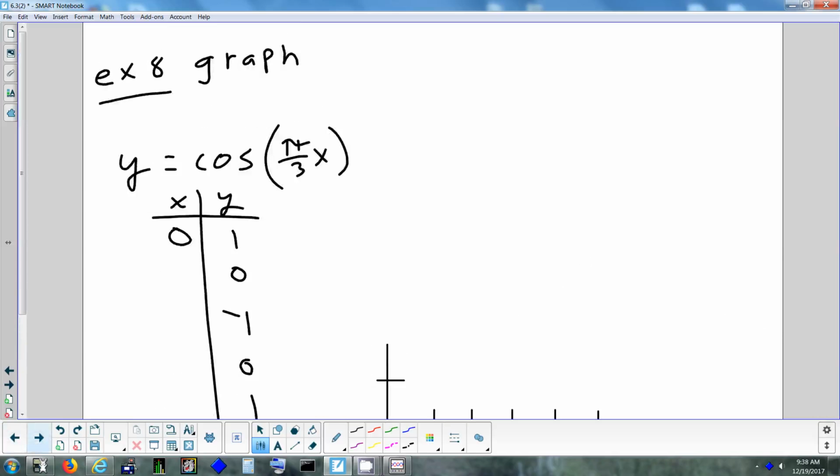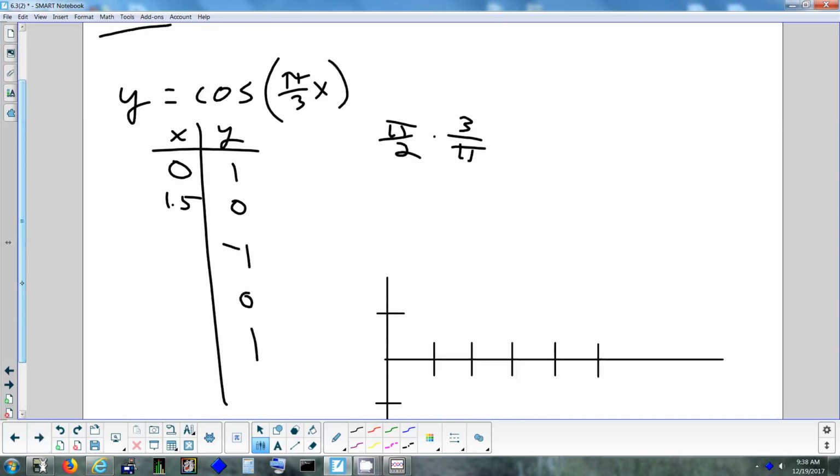Well, the first one was 0, that's still 0. What's pi over 2 times 3 over pi? Yeah. 3 halves. 3 halves, or 1.5. Well, now you know the gap between x values. Just keep that gap consistent all the way down. So what would my next x value be? Rebecca? 3.